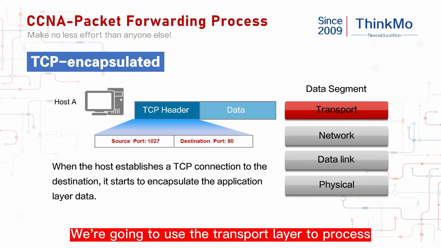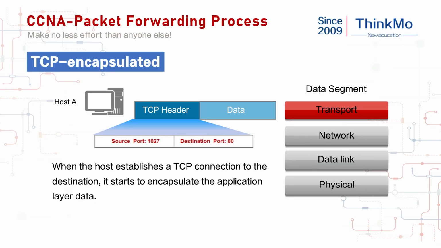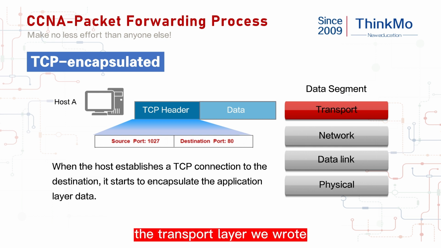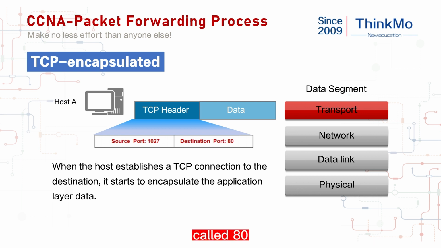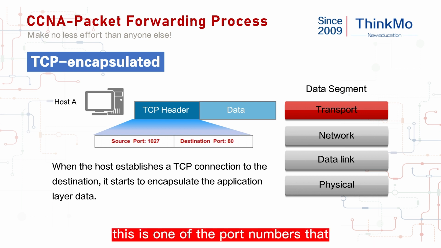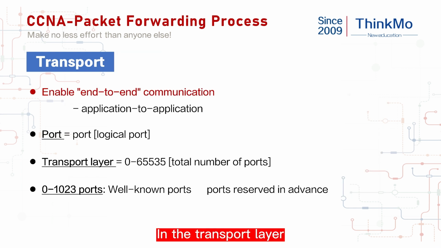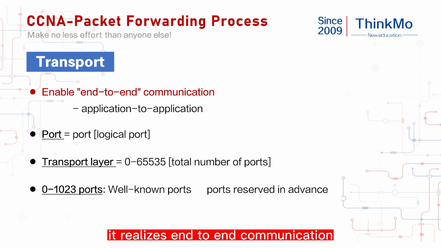We're going to use the transport layer to process this. In this picture, the transport layer we wrote has a destination port called 80. This is one of the port numbers that everyone is asked to memorize. In the transport layer, first of all, it realizes end-to-end communication.